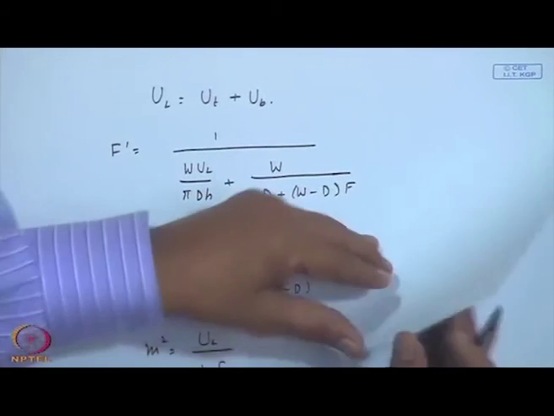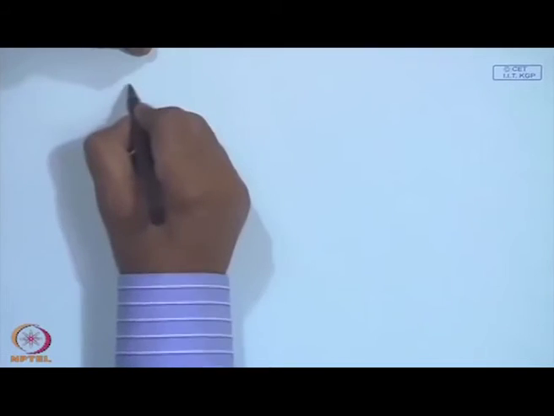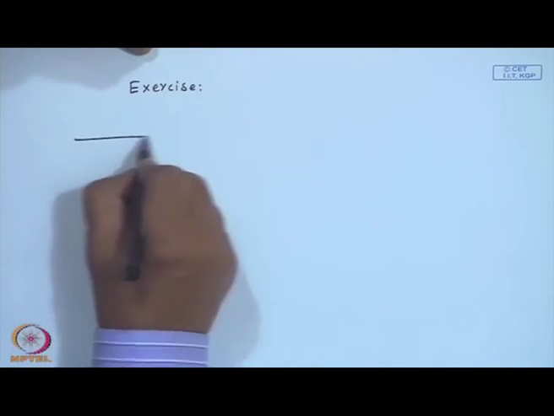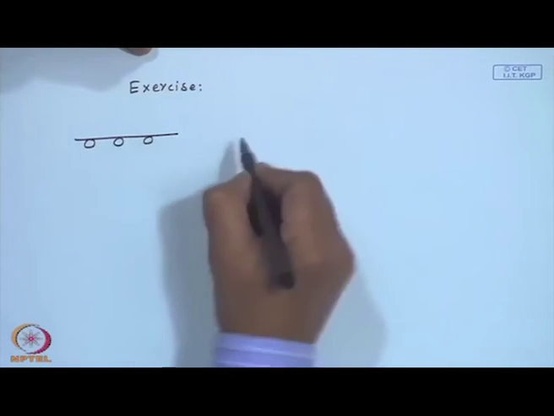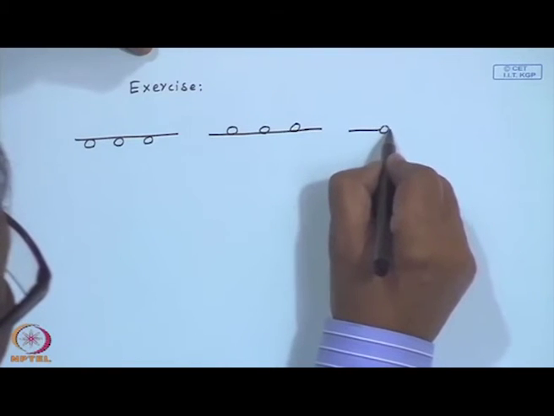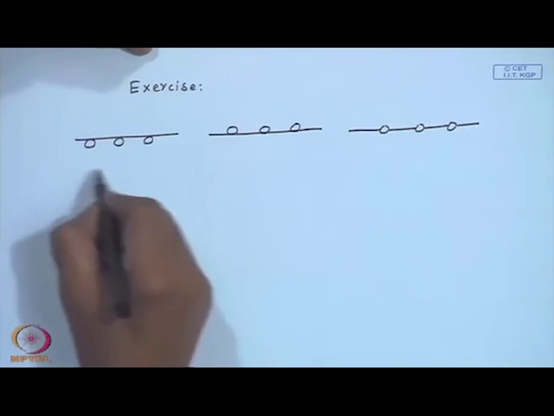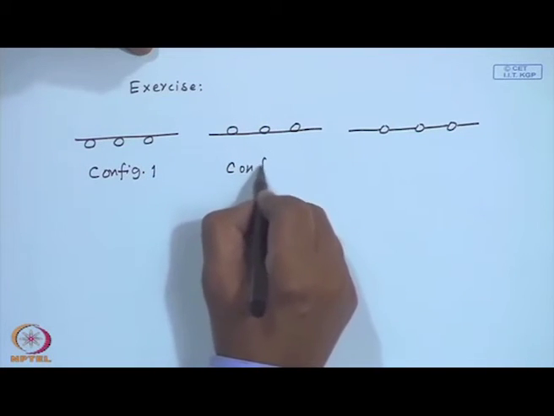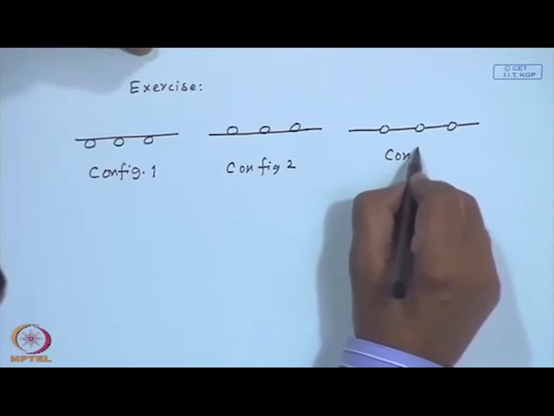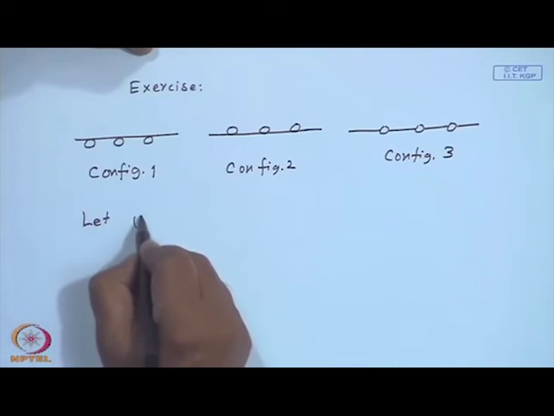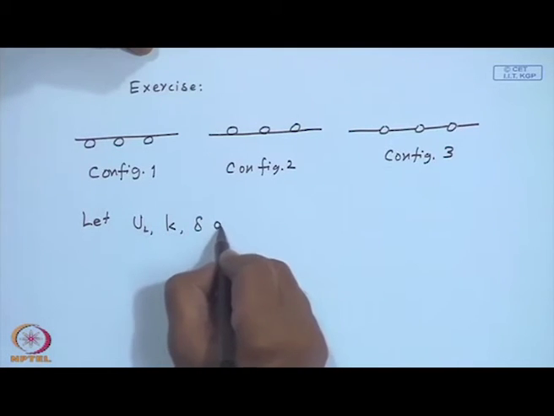Now, it would be interesting, or you have this as an exercise, for configuration 1, configuration 2, configuration 3, to let U L, K, delta and D be the same.